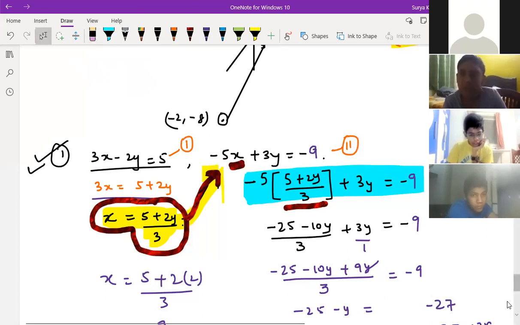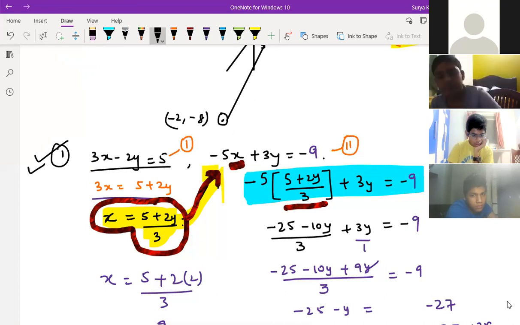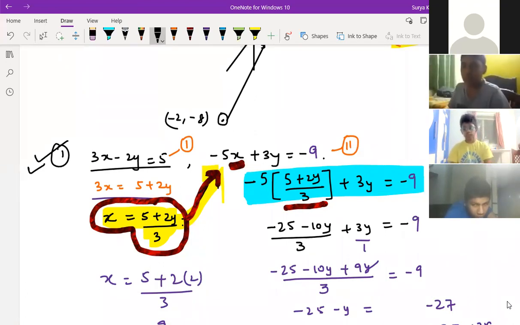It's not possible to give three different equations all having x and y only. From two equations you can solve. If two variables are there, two equations are enough. If they give three or four equations, not a problem, from two equations you solve and get the answer. That's it.